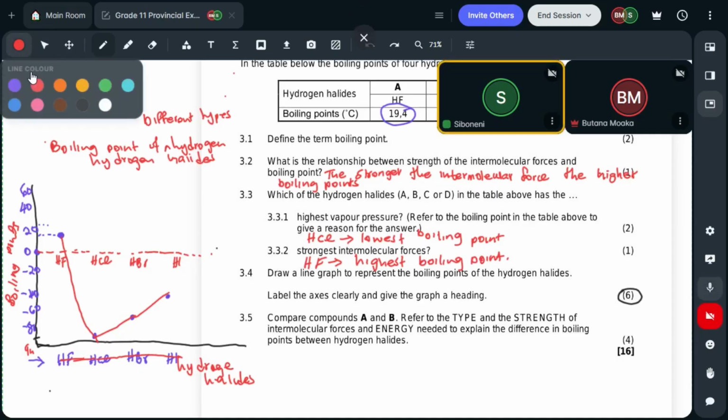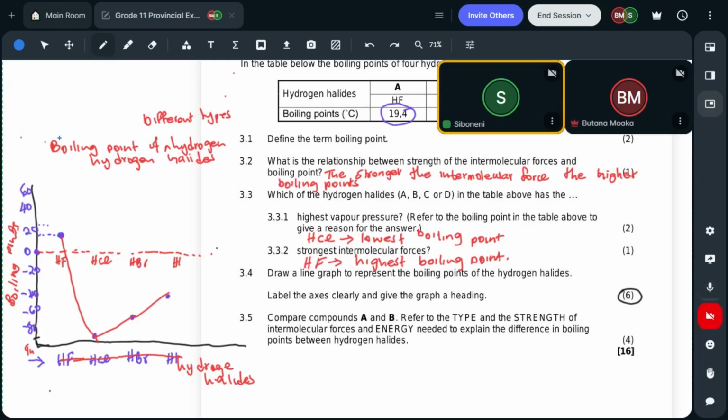So I think there's a mark for a scale. They'll give you maybe the part where you need to draw, and then for 4 points correct, you get 2 marks. If the points are correct, then you'll definitely get 2 marks. And then if the shape of the line graph is correct, you'll get another mark. There's a mark for labeling the hydrogen halide and also the boiling point. And there's another mark for the heading, which makes 6 marks.